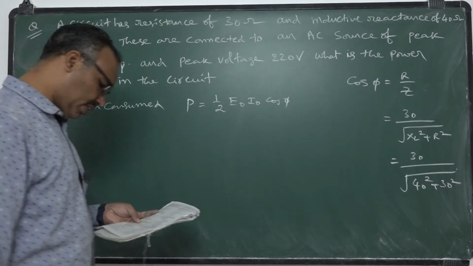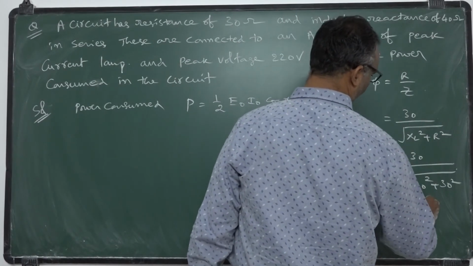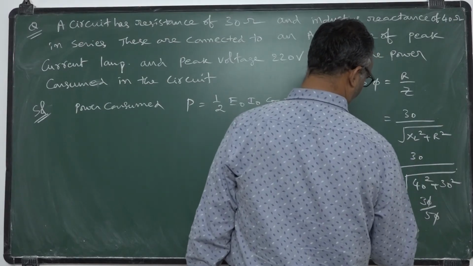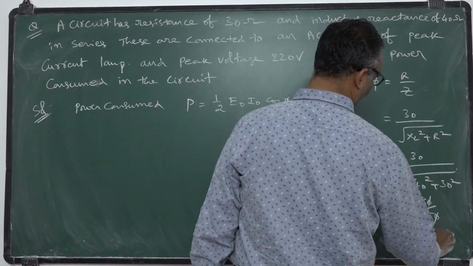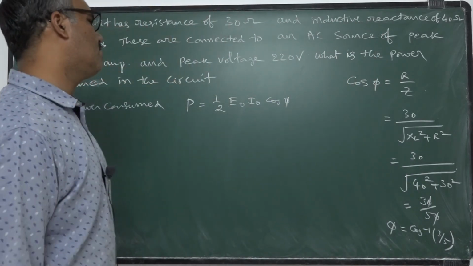So 40 square plus 30 square is 50 square, over root will give 50 as the result here, 0 0 gets cancelled. Phi value is cos inverse 3 by 5, or cos phi value is 3 by 5.